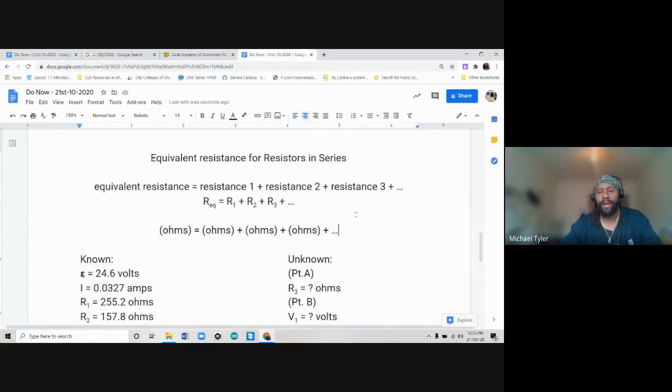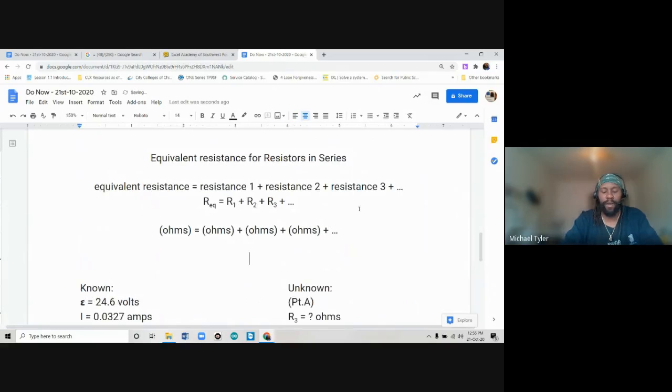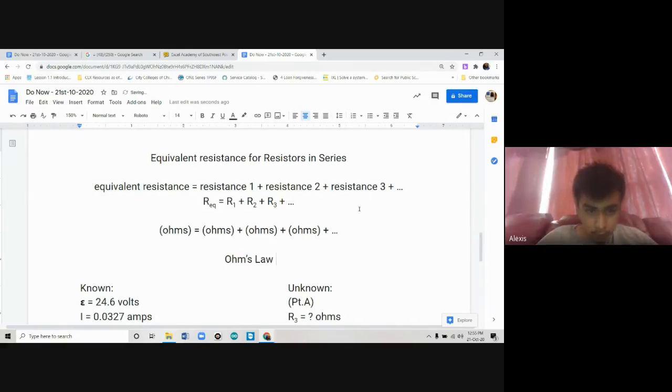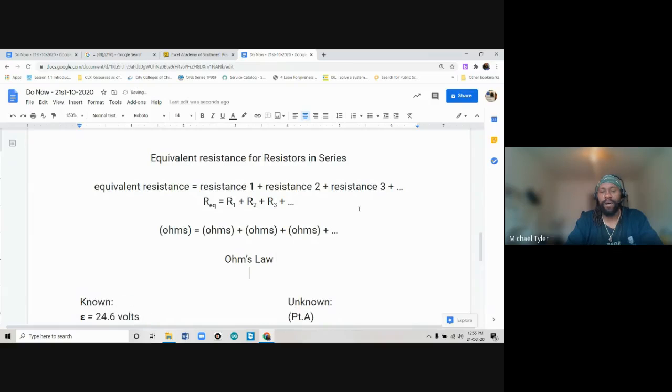Now, you might have forgotten something. Remember we talked yesterday about Ohm's law, right? And Ohm's law was basically voltage is equivalent to the current multiplied by the resistance.